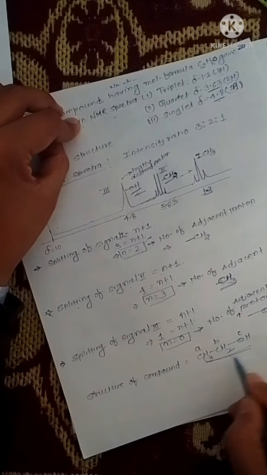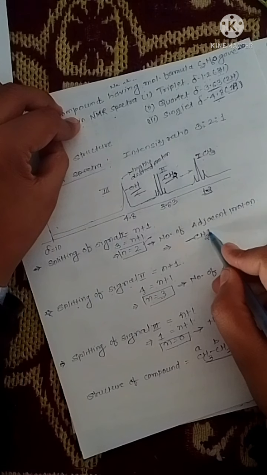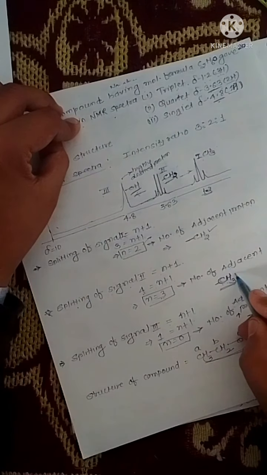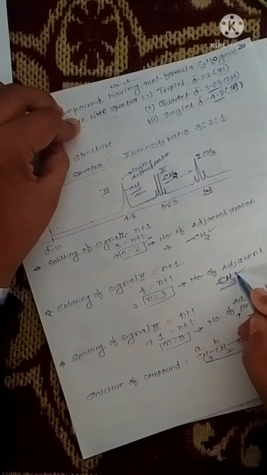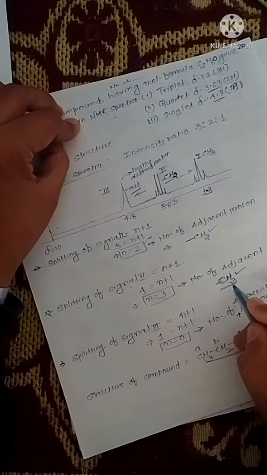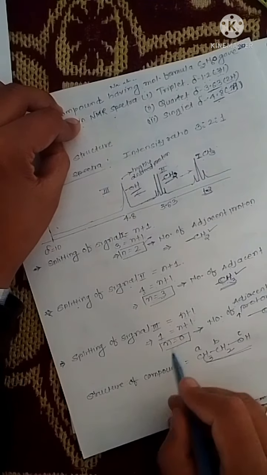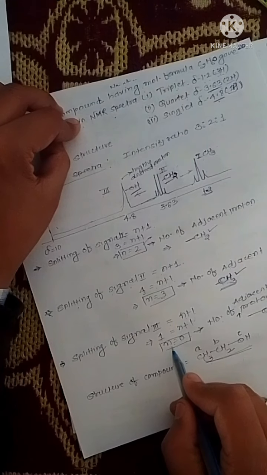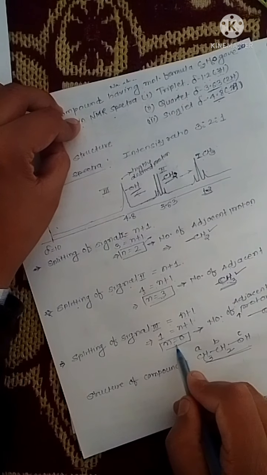This information tells us there is a CH2 group. This information tells us there is a CH3 group somewhere. Now this information tells us there is no adjacent proton for this signal.